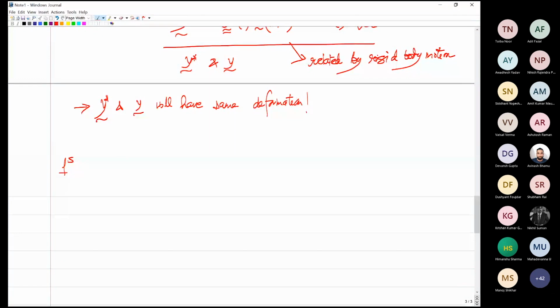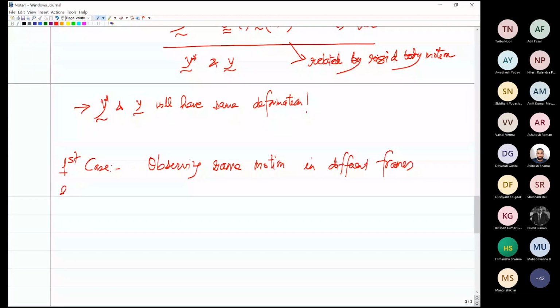First case, observing same motion in different frames. And the second case is observing rigid body related motions in a single frame.